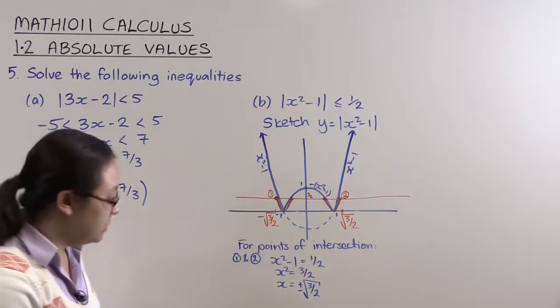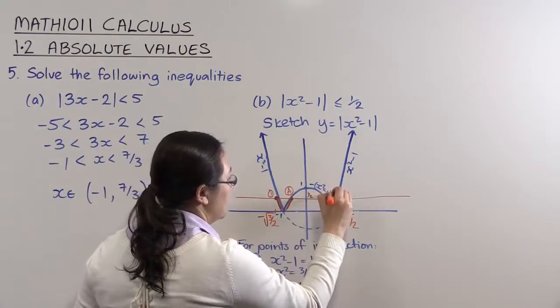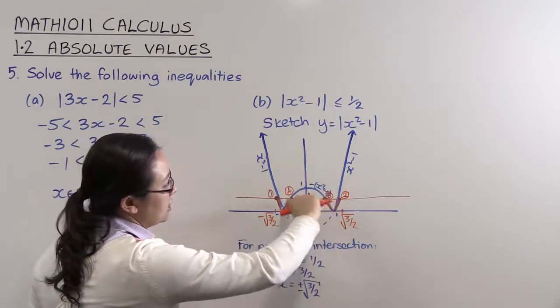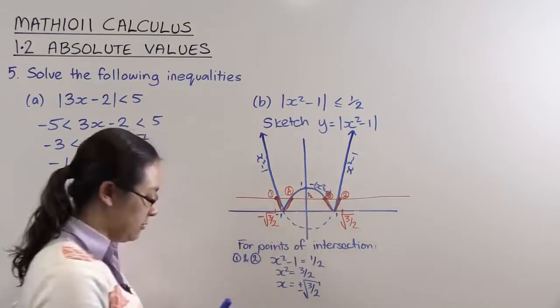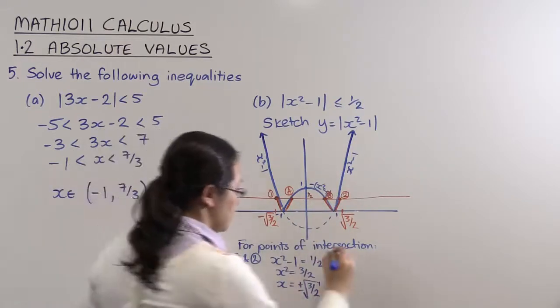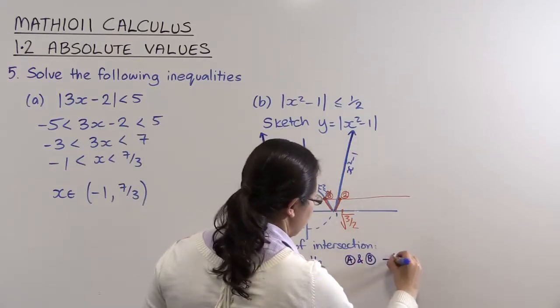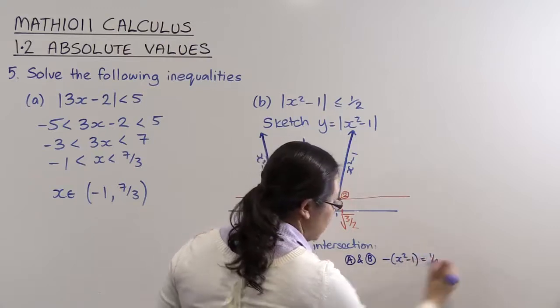Now, the other points of intersection, maybe let's call them A and B. For these points of intersection, we're solving negative, outside of x squared minus 1, is equal to a half, because that's the reflected section there. So for A and B here, we're going to solve negative, outside of x squared minus 1, equals a half.